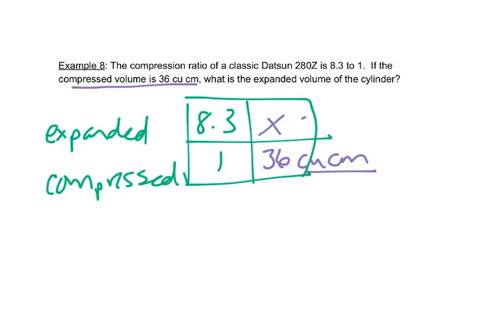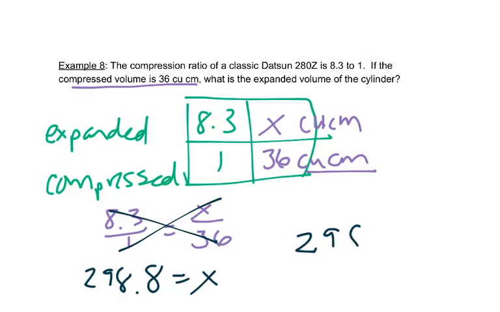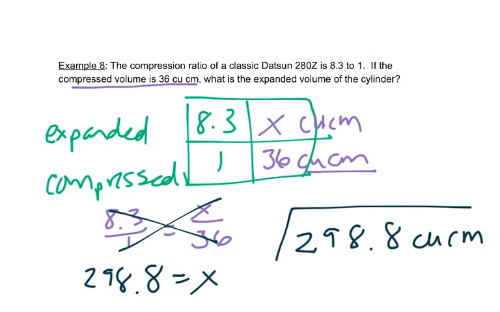Now if this is in cubic centimeters, this will be in cubic centimeters. We can write our proportion. 8.3 over 1 equals x over 36. Cross multiply, so 8.3 times 36 is 298.8, and 1 times x is x. So our answer is 298.8 cubic centimeters.